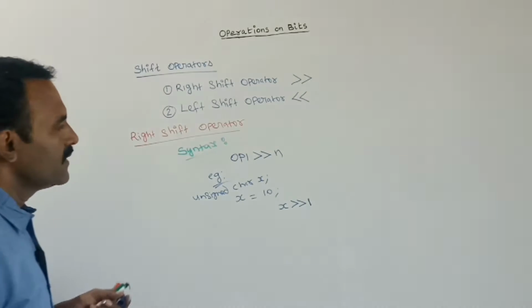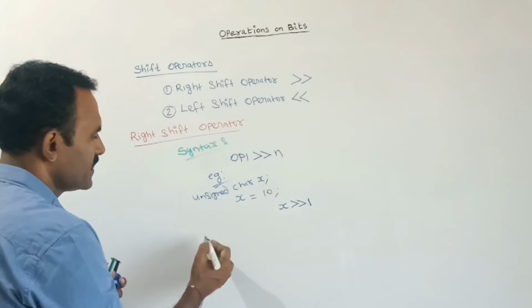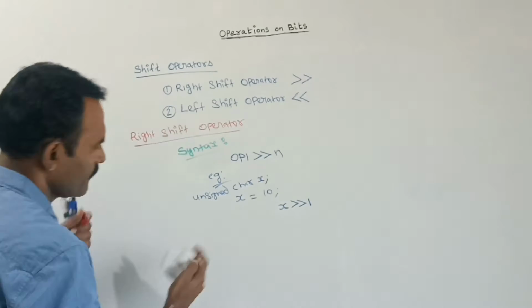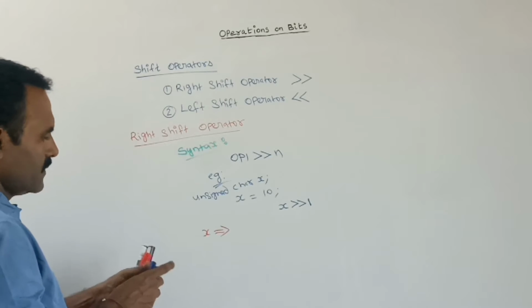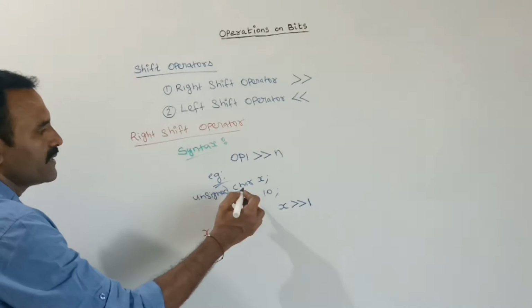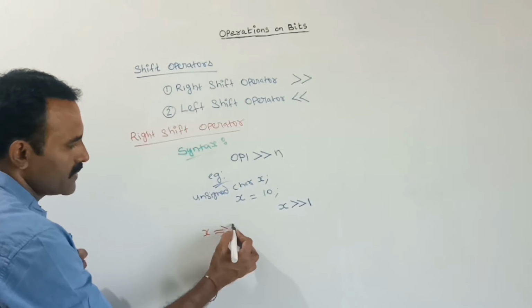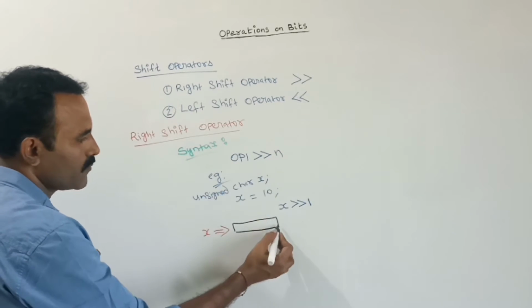See, when it is storing, it will store the binary numbers. For this x, it will store like this. For the unsigned character the default size is 1 byte, that is 8 bits is 1 byte.